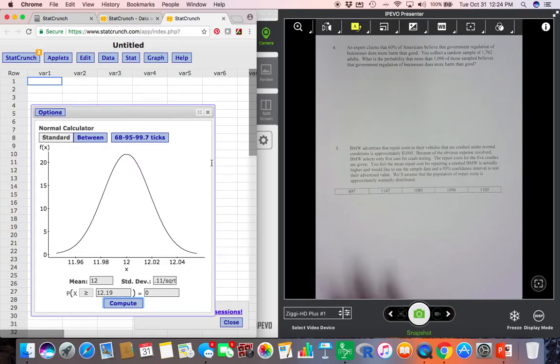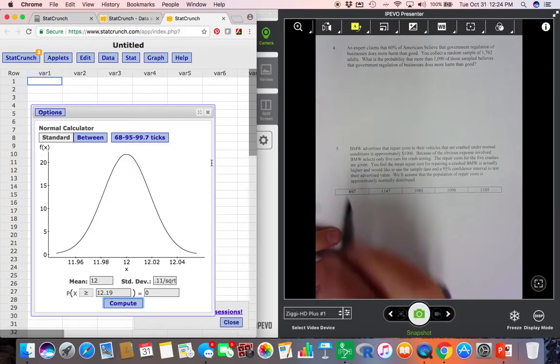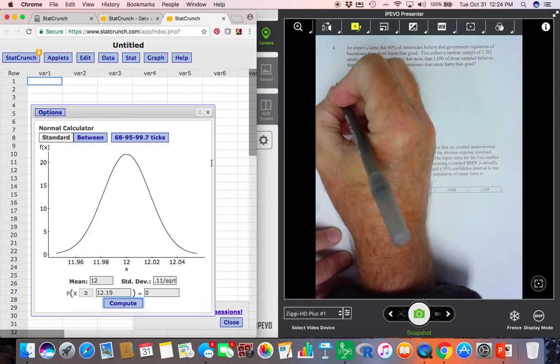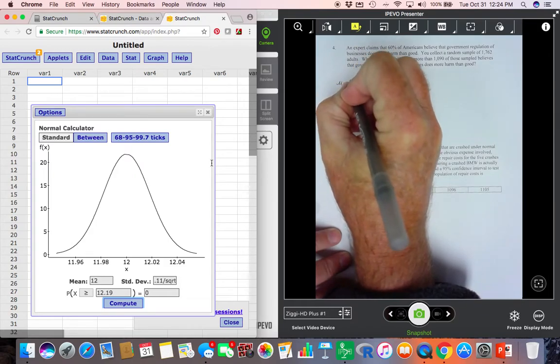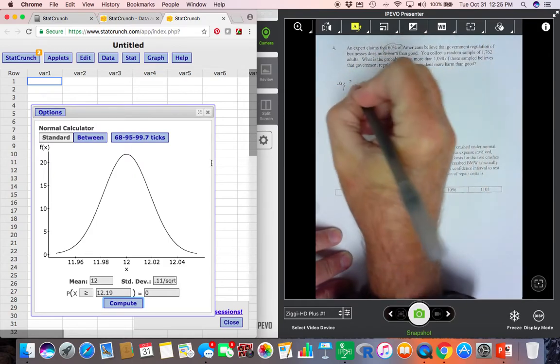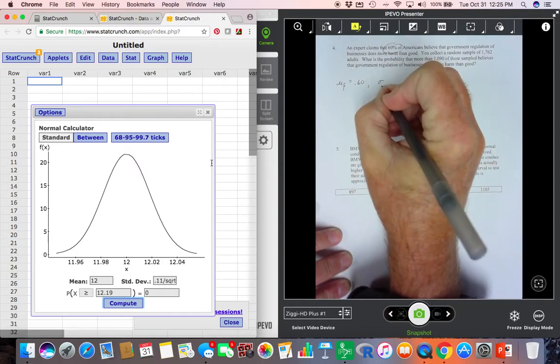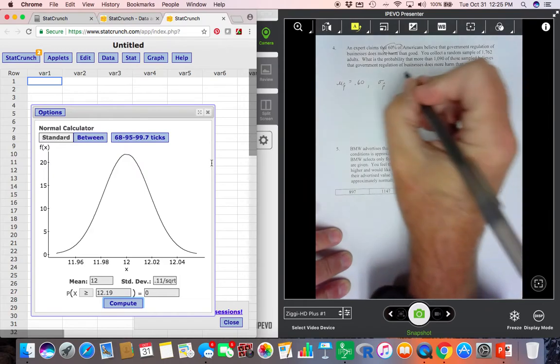What is the probability that more than 1,090 of those sampled believes the government regulation of businesses does more harm than good? So essentially, guys, what you got to look at here is you got to find the mean of the p-hat, which is the percentage that you're given that describes your population. Then you have to find the standard error of the p-hat.